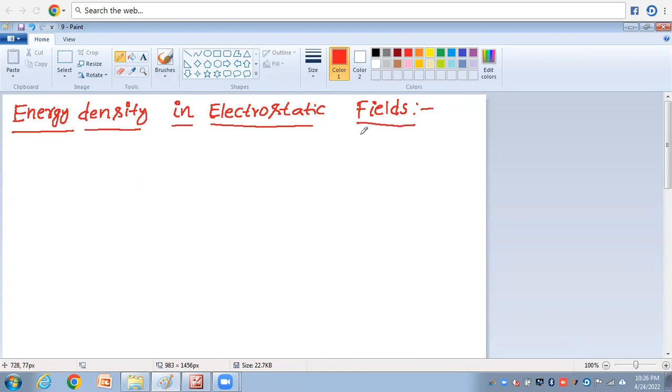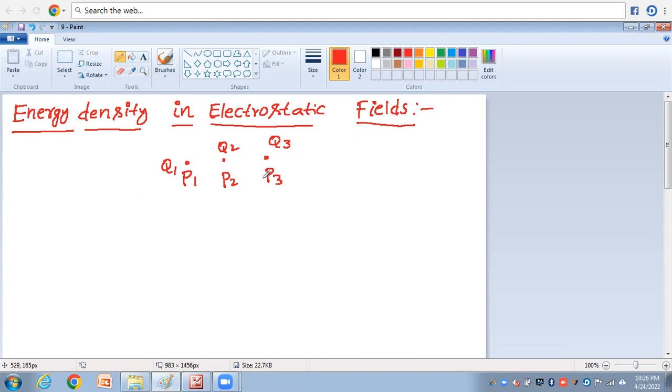Suppose we wish to position three point charges. This is Q1, located at P1. Another point charge is Q2, located at P2, and another charge is Q3, located at P3.